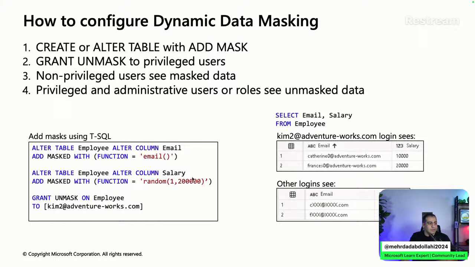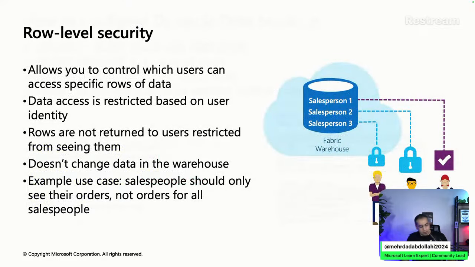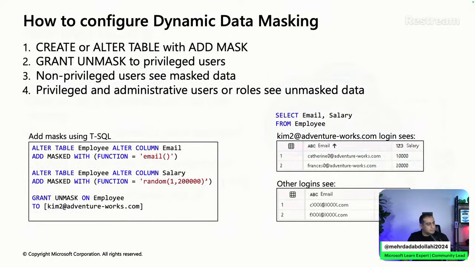Or for the employee salary, we are adding a random mask between 1 and 200,000. And we can also grant unmask on that table to a specific user. Unfortunately, I don't have any additional user to show you how it is going to work. It would be useless as a demo, but it is very simple to implement and prove that.